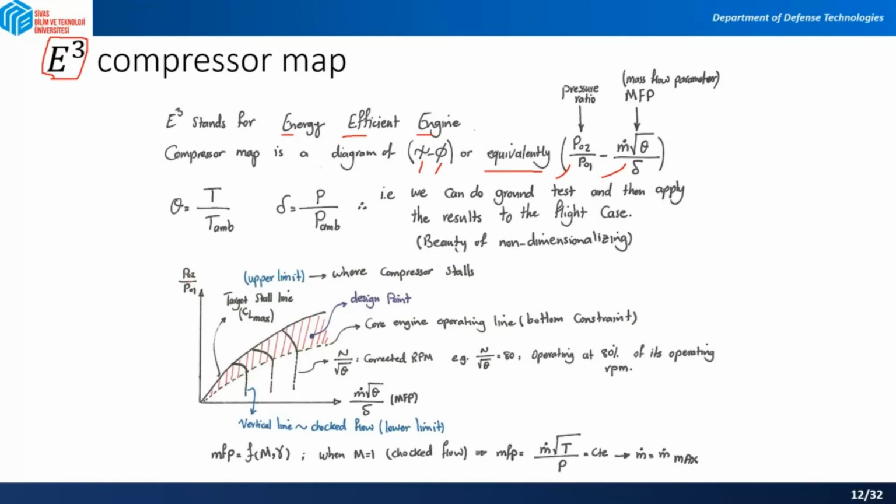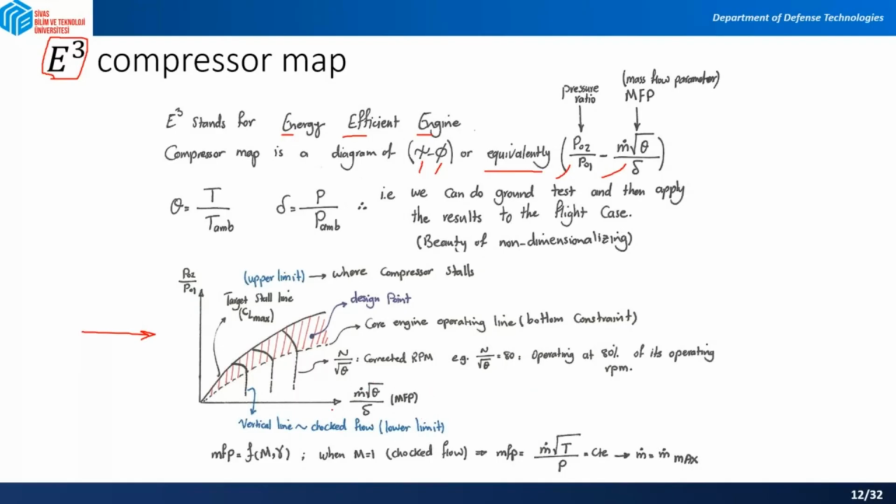So in this chart, what we see is a very important thing, so please give attention to this. You are seeing the pressure ratio of the compressor plotted versus your mass flow parameter.